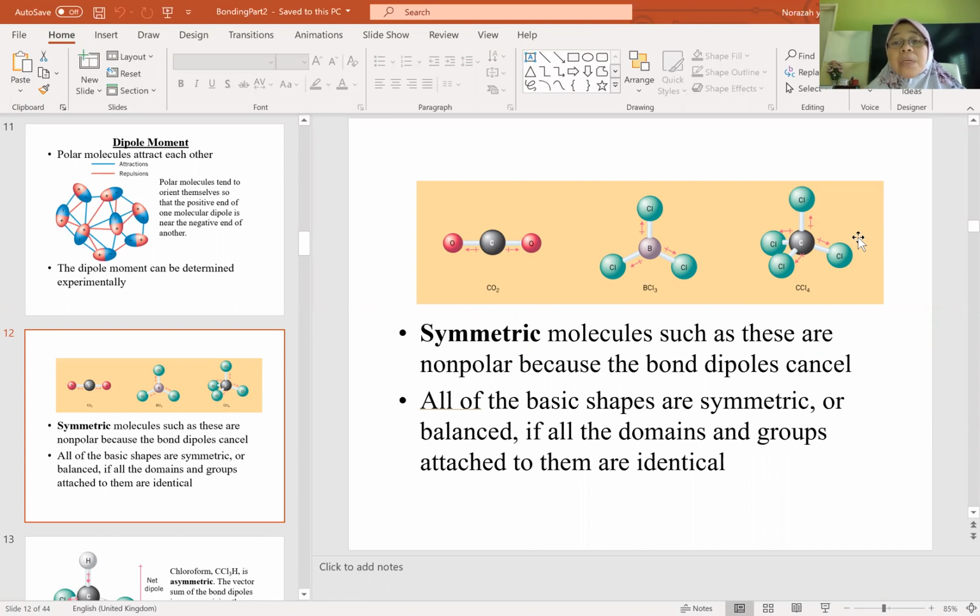You can see here, CO2 is non-polar because the dipoles cancel each other. Going from the general electronic domain to the molecular structure, the CO2 molecule is linear.